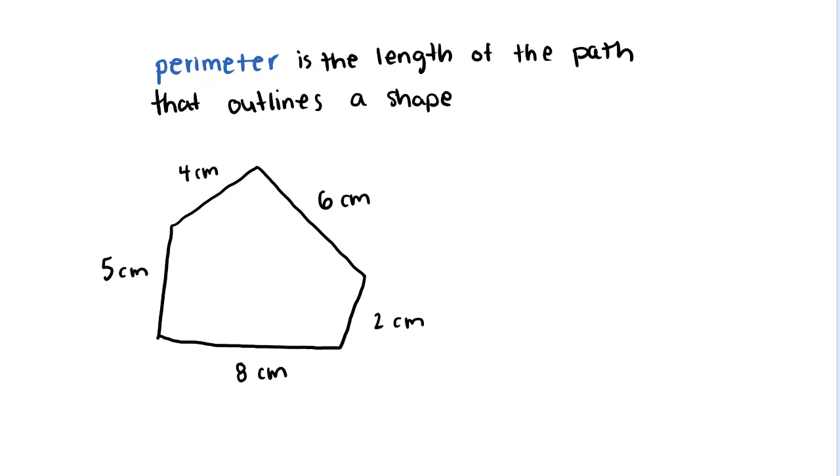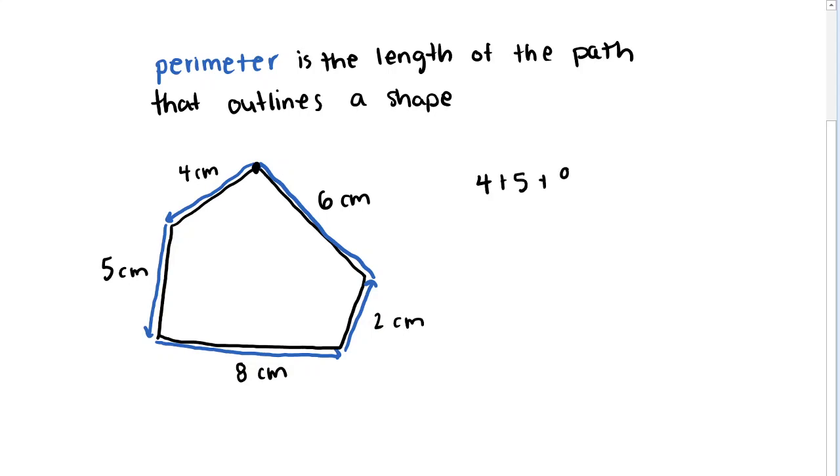So the perimeter of this shape is really just the idea of tracing the outline of this shape and adding up all of these side lengths. This is the total length of this path. In other words, if we imagine starting at this point, we would have 4 centimeters added on with 5 centimeters, with 8 centimeters, 2 centimeters, and then lastly 6 centimeters.